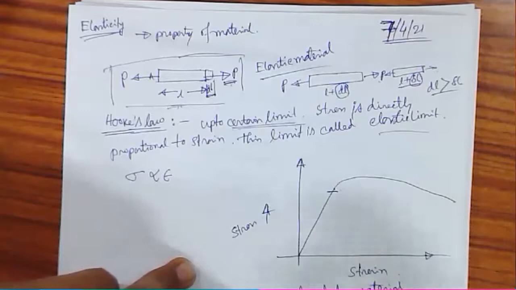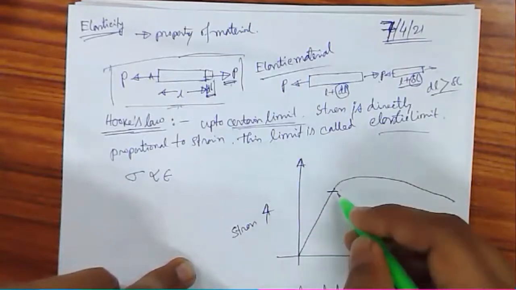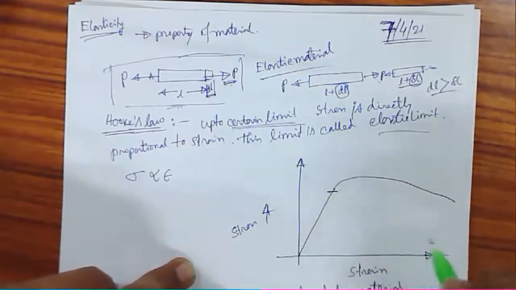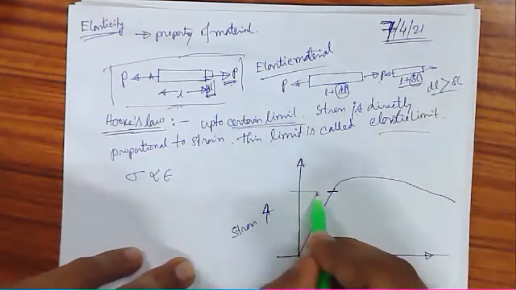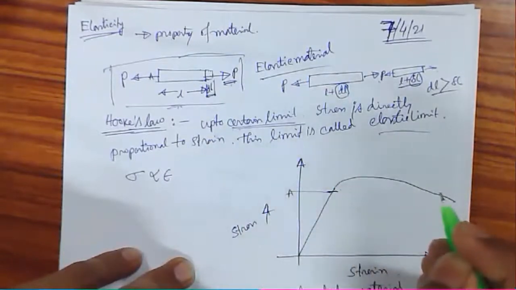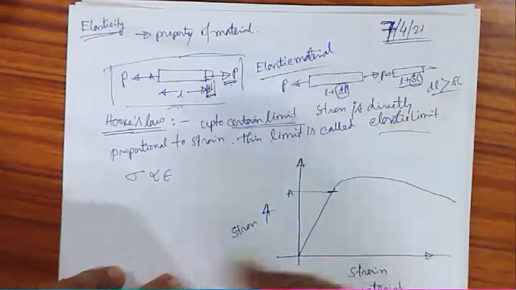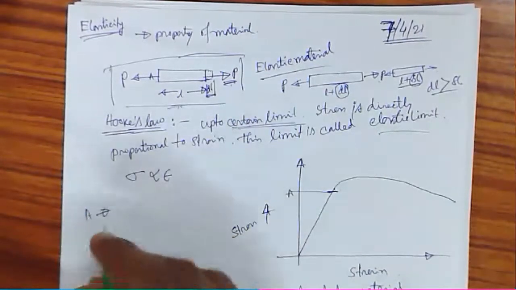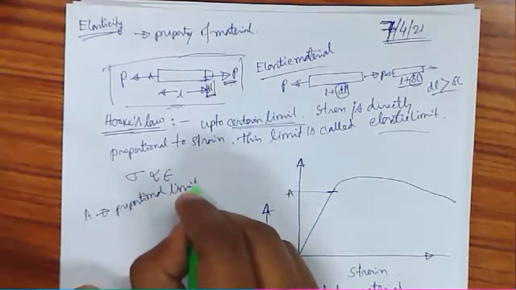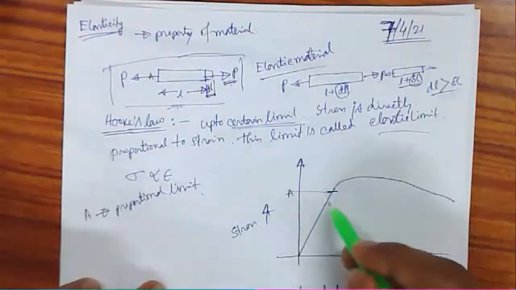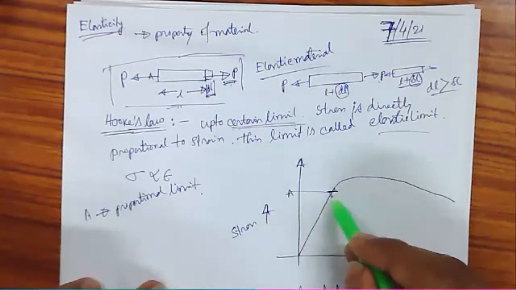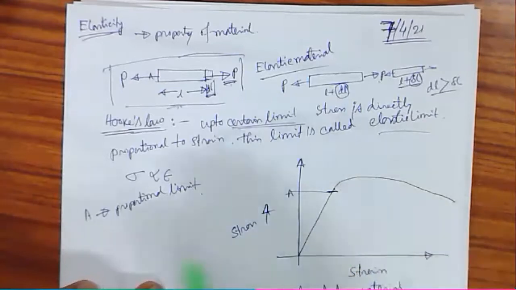However, for ductile material, the initial portion is a straight line, and up to that point the straight line is called proportional limit. I am just writing A here so that you can understand, where A means proportional limit. When the stress crosses this limit, the curve is not a straight line.